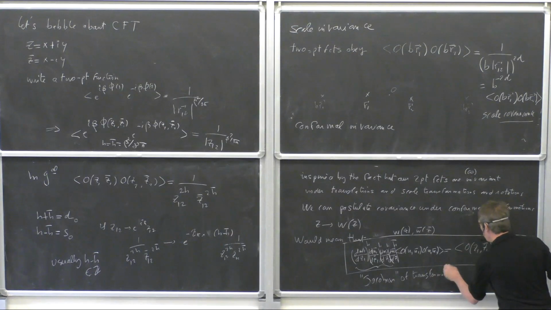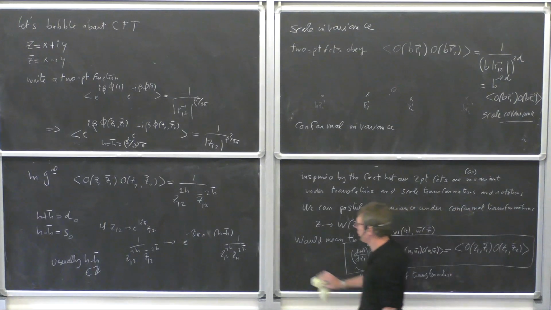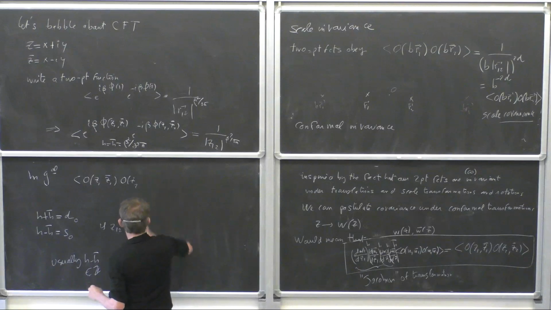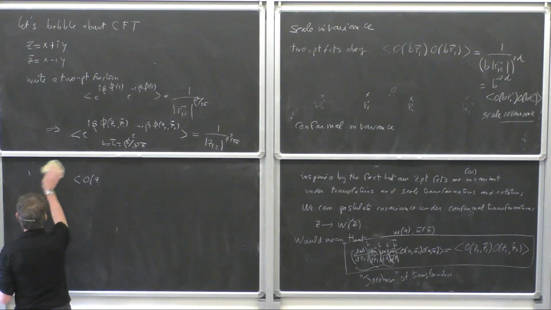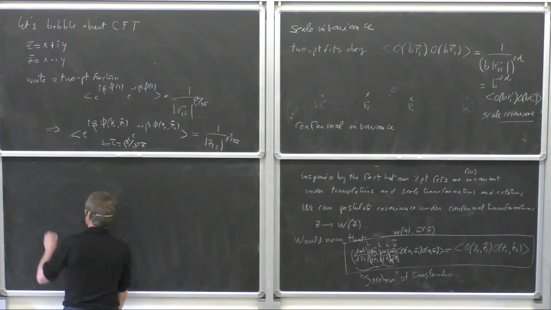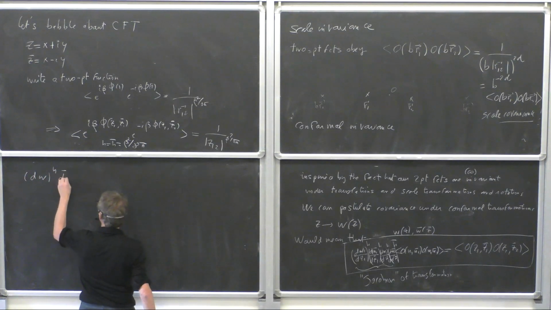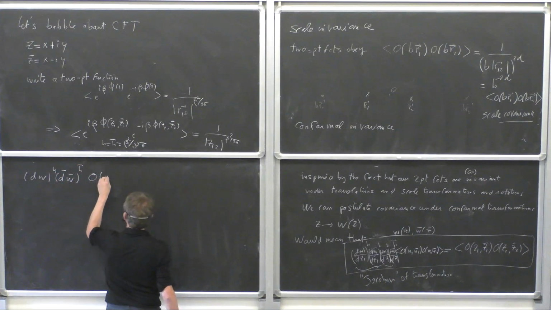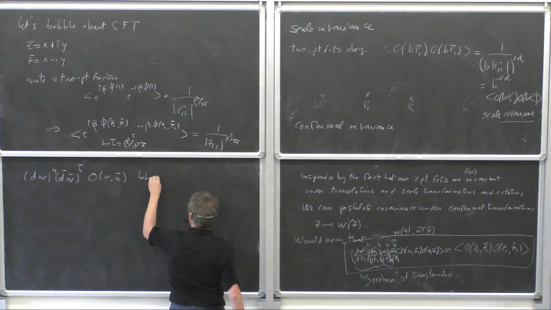So this is the initial hope of conformal field theory, is that another way to write it is that dw to the h d bar w bar to the h bar O of w bar behaves like a tensor.